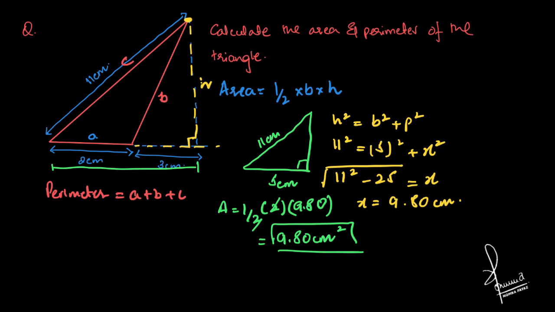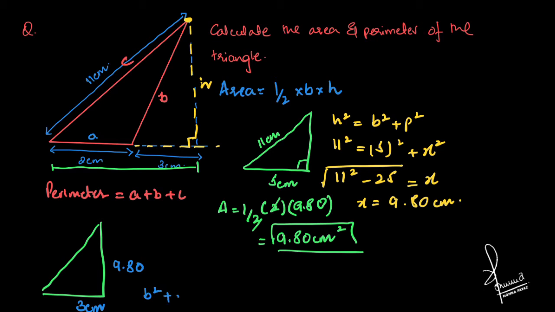So this time the triangle that I'm going to draw is this triangle over here. Now your base is going to be 3 centimeters, not 5, and this height you have already calculated, which is 9.80. This time you have your base and you have your perpendicular.